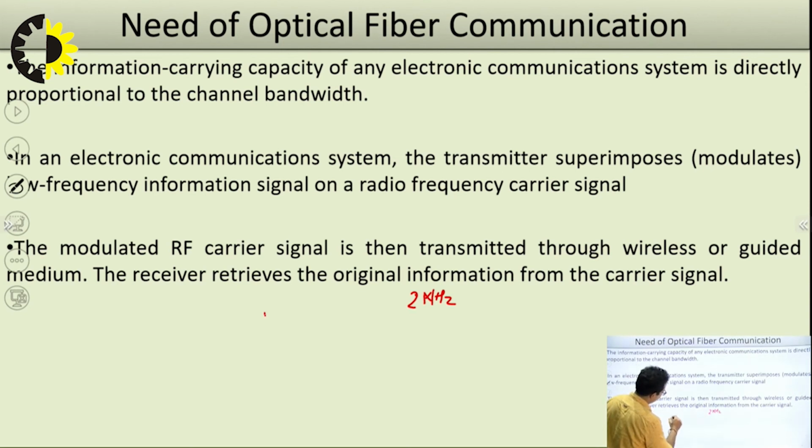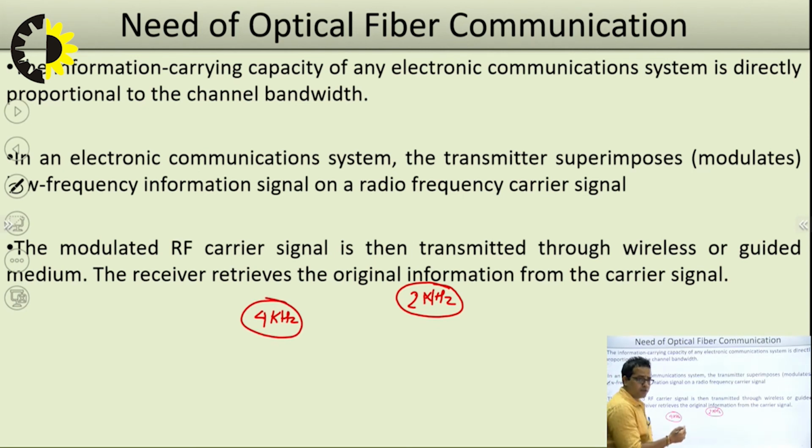For a proper transmission of a voice channel, suppose that we have used 4 kilohertz of frequency. So now, if we are using a 2 megahertz transmission bandwidth, and the frequency that we want to transmit for a voice signal is 4 kilohertz.